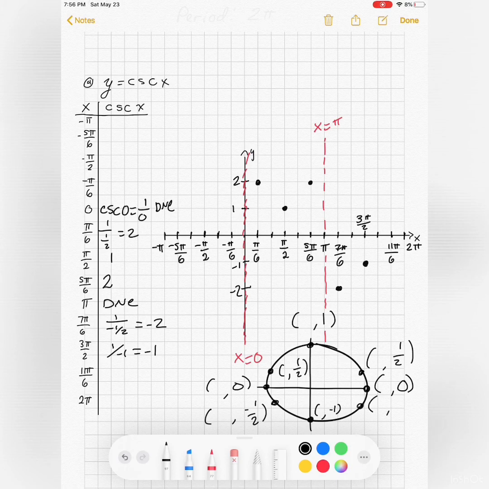Okay, 11 pi sixths, 1 over negative half, negative 2. And then 2 pi, I'm back over here, defined.